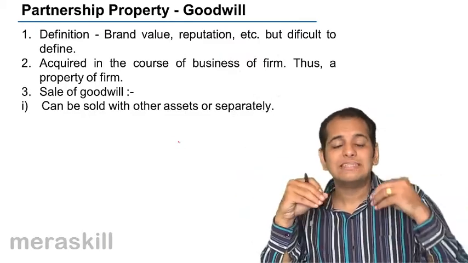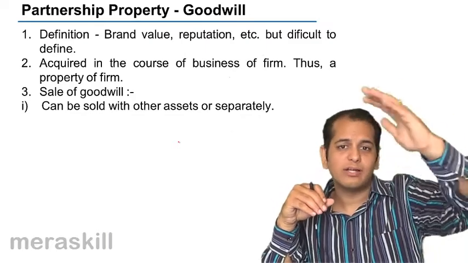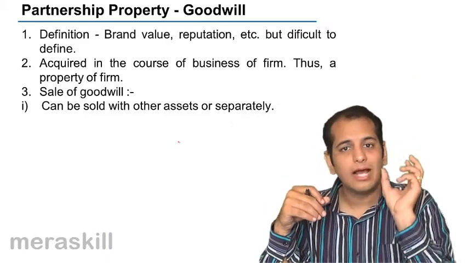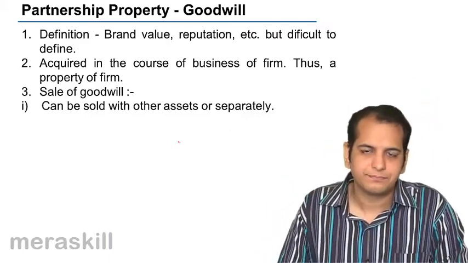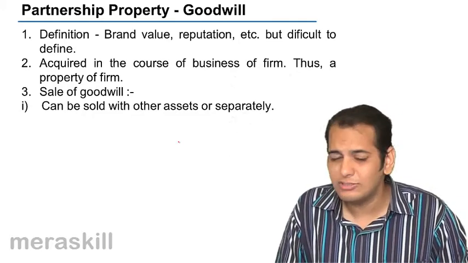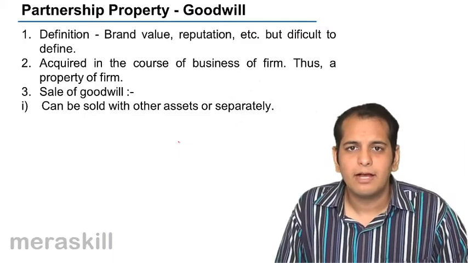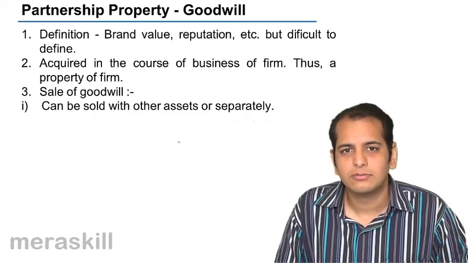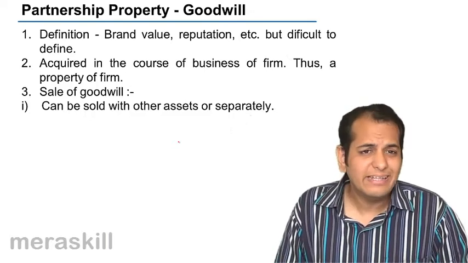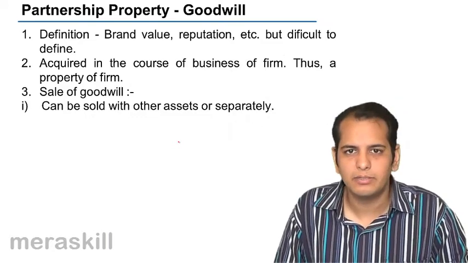So what I do is I give my name to somebody else who wants to continue the business. I am giving my goodwill to him. So here I am not selling the other assets. I am not selling my shop. I am not selling my workshop. I am not selling my restaurant. I am not selling the utensils. I am not selling any other assets. I am only selling goodwill. So it is separately being sold.